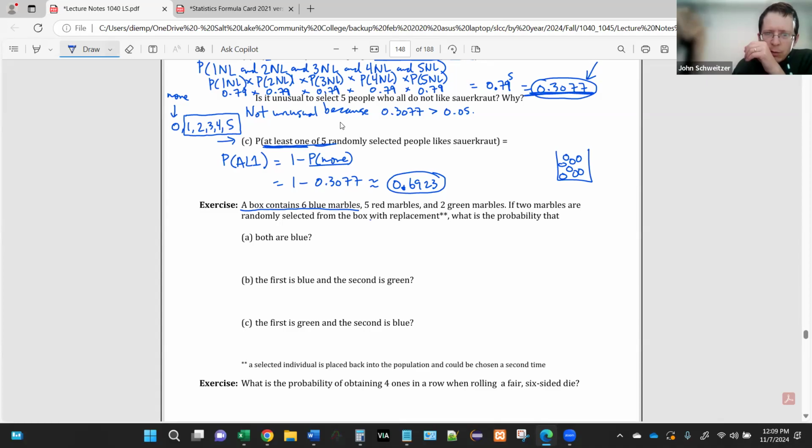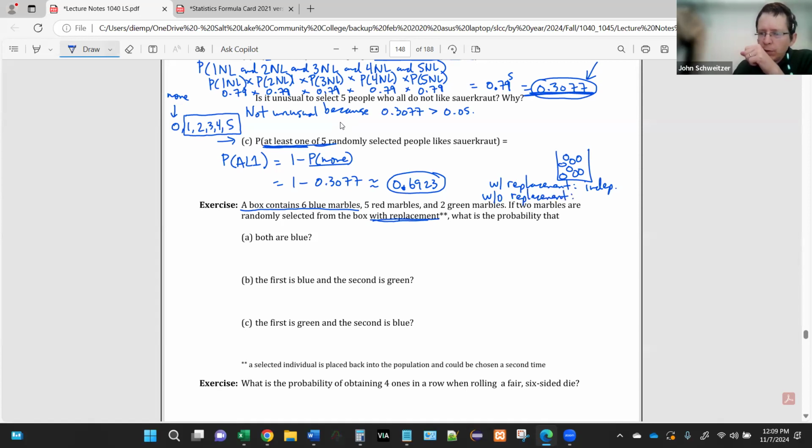So what am I saying? With replacement is independence. If you see those words, with replacement, it's a nearly perfect synonym for independence. And we like independent events. Independent events are easier to work with. Now, sometimes in life, we don't do things with replacement.